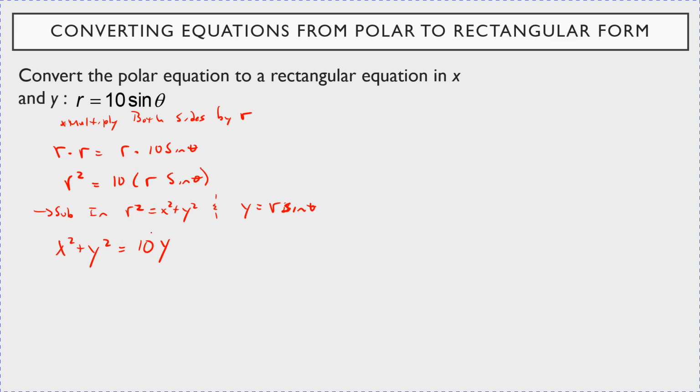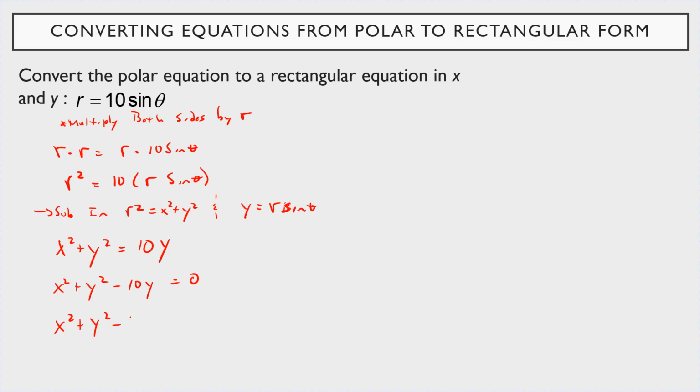All right, obviously we got rid of the r and theta, but I'm going to subtract the 10y over. And now here's the thing. If you complete the square here, take -10 divided by 2 squared, you get 25.